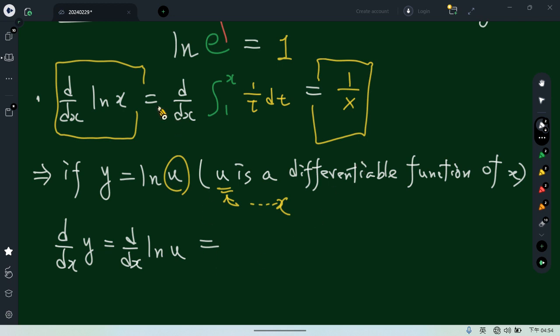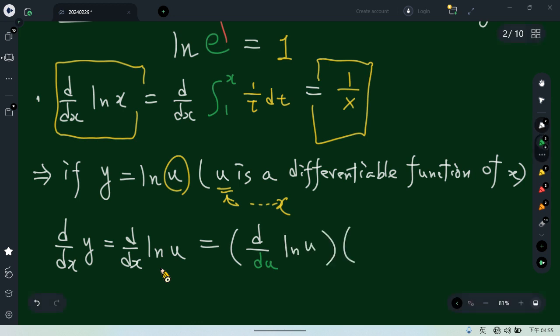Very similar to this result, but the difference is we need to use the chain rule. Yes, correct, chain rule. So it will become d over du of ln u, then don't forget you need to have du over dx back. Based on the chain rule, or the differentials, these can be cancelled.